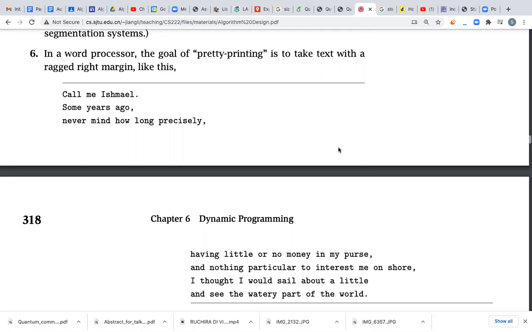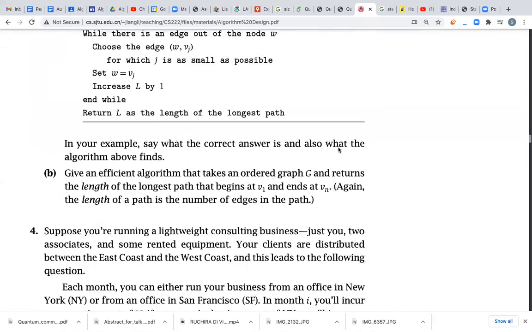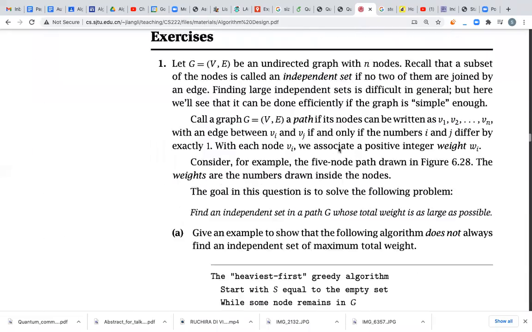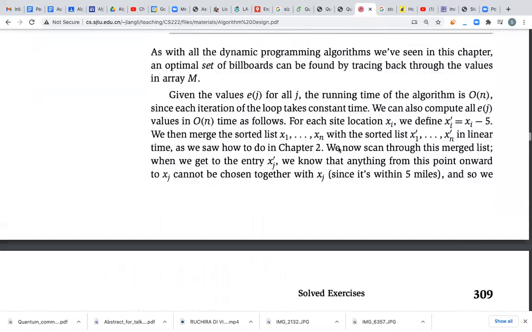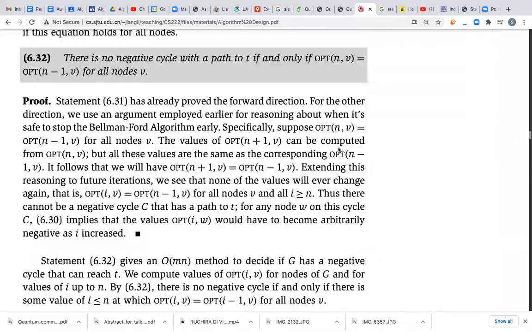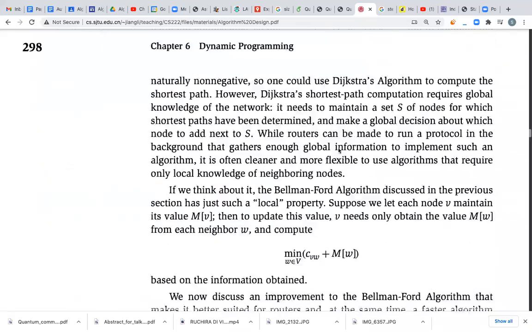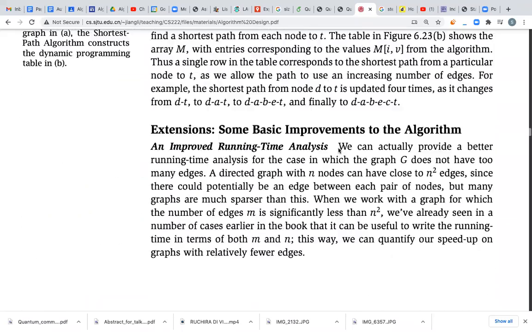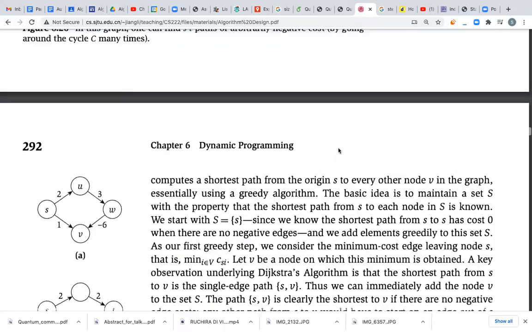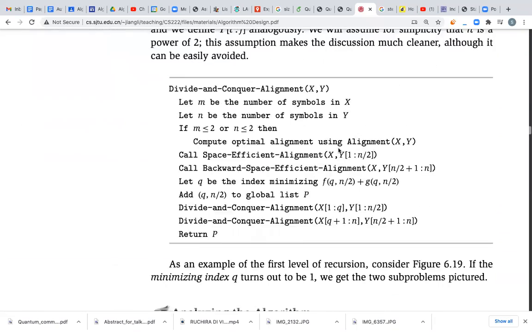Sir, I have a doubt in section 6.3. There it is given that in the segmented least squares, the runtime was given as order of n cube, and then it says that order of n square can be done, but then we have to do something.